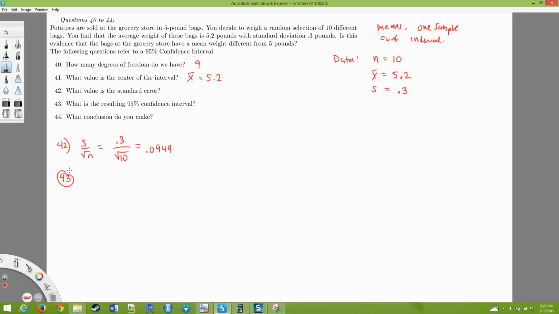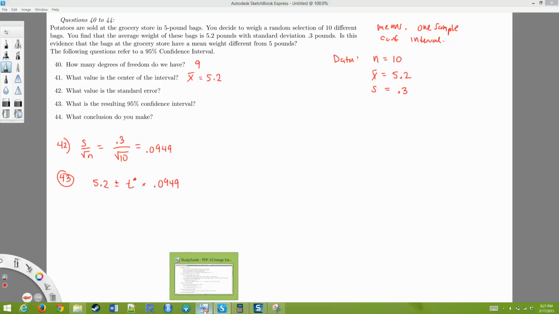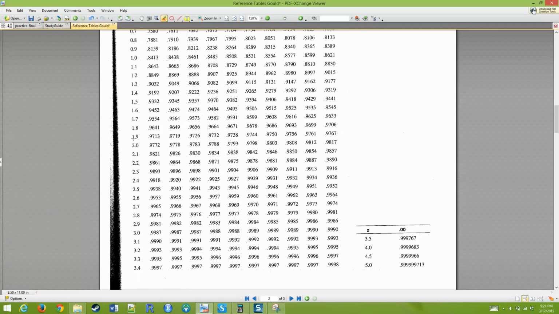Number 43 says make your confidence interval. So I'm going to have in the center 5.2 plus or minus t star times the standard error 0.0949. Let's figure out our t star. We have 9 degrees of freedom, and we're making a 95% confidence interval, so I go to the reference table.